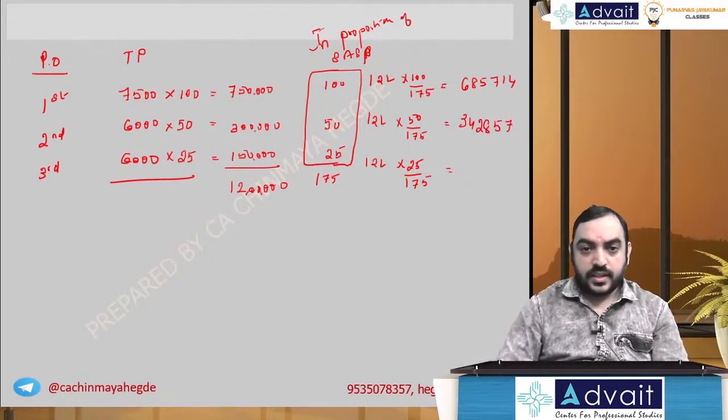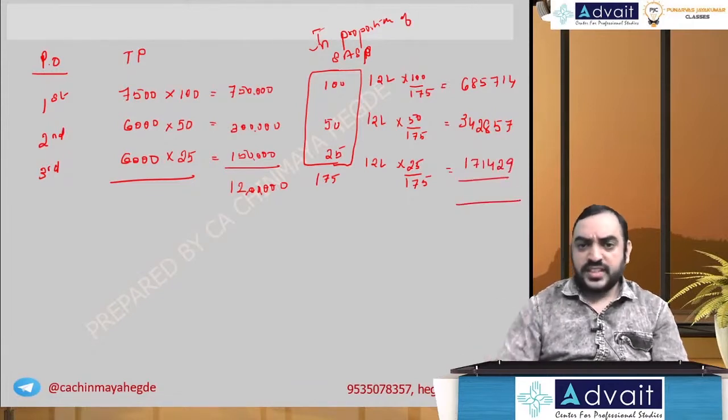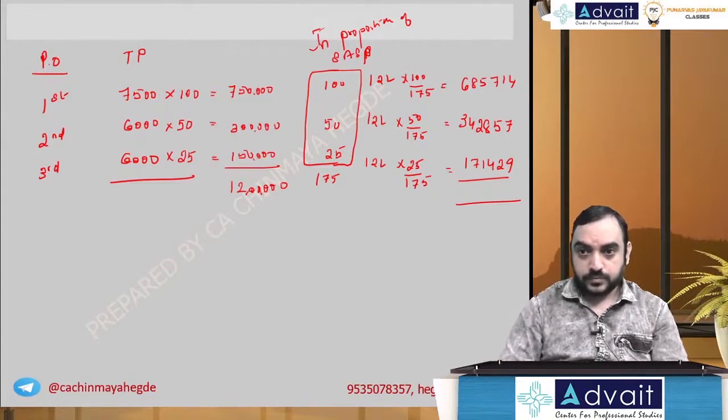Then 12 lakh into 25 by 175, 1 lakh 71,429. So total you can see it should be 12 lakh. Yes, exactly. And this is what is called allocation of revenue.